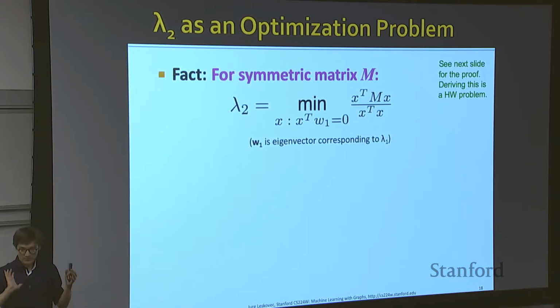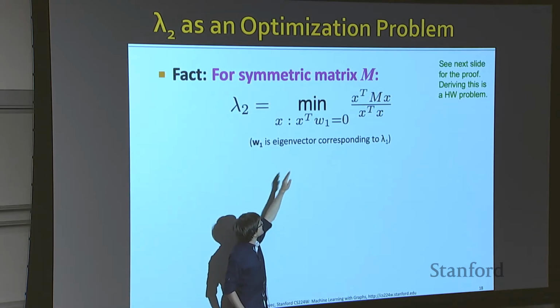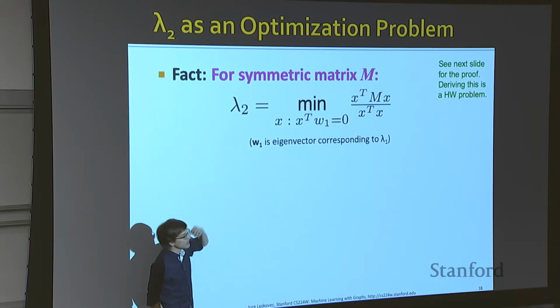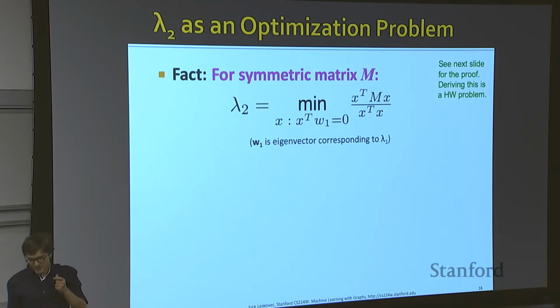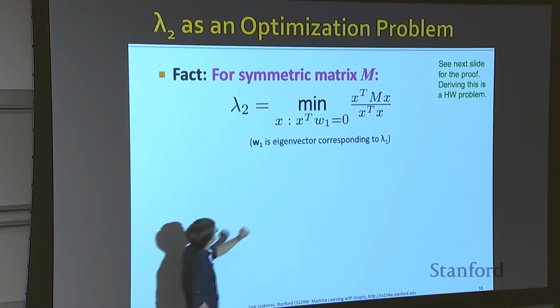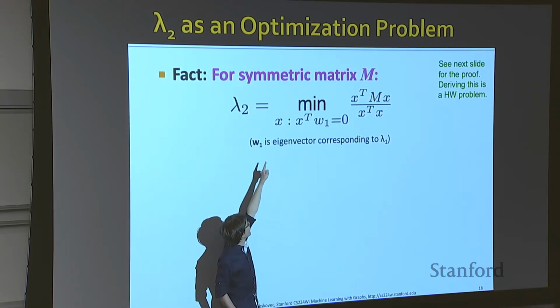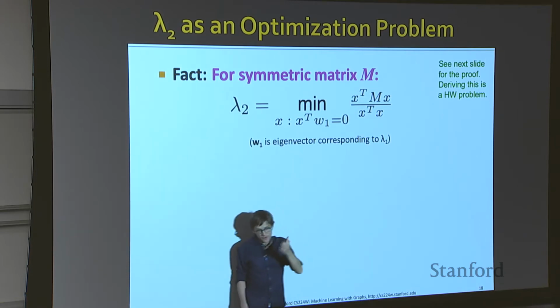This fact is true for any symmetric matrix, and it says the following. For a symmetric matrix M, the second smallest eigenvalue, lambda 2, is a solution to the following optimization problem, where I want to find a vector x that is orthogonal to the first eigenvector.